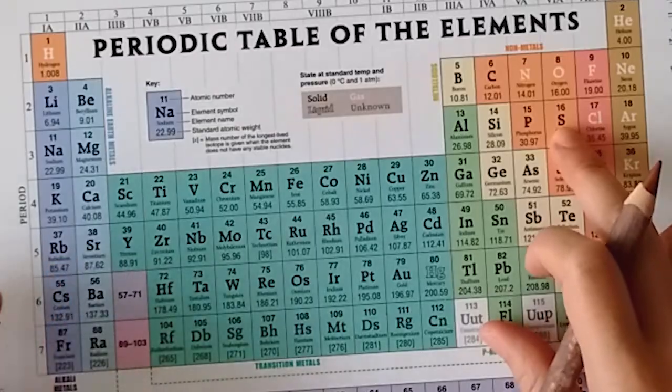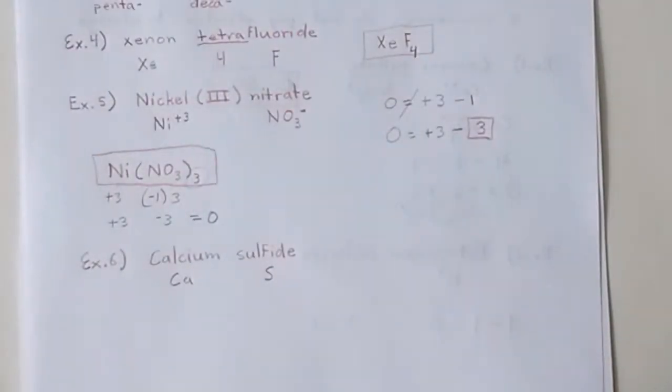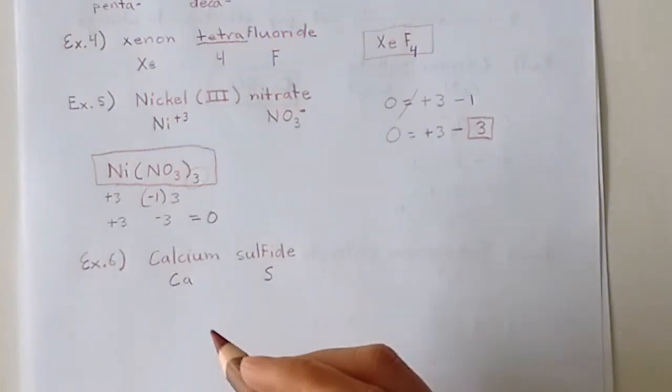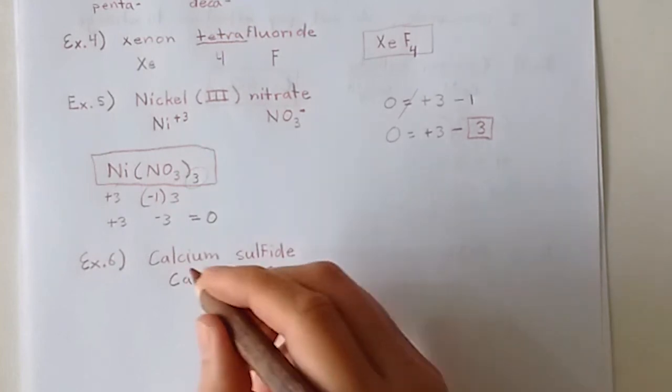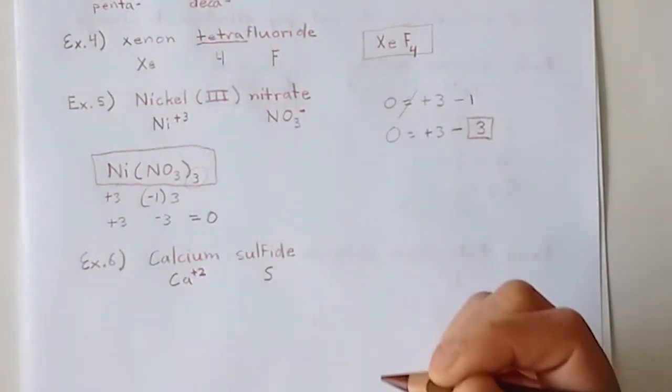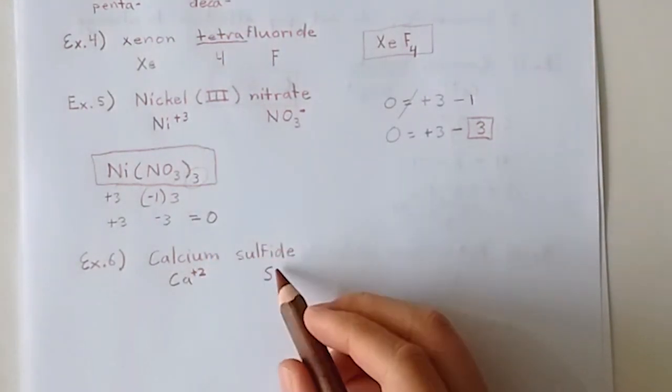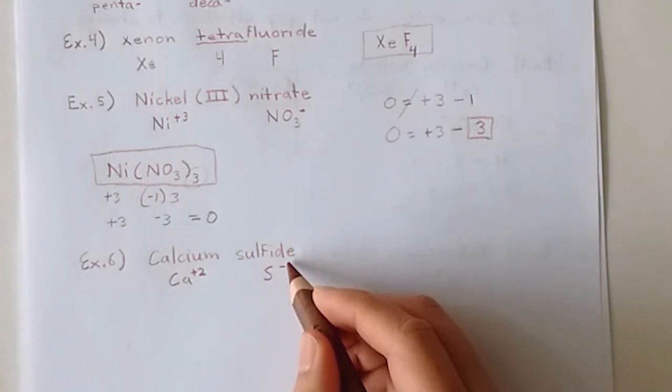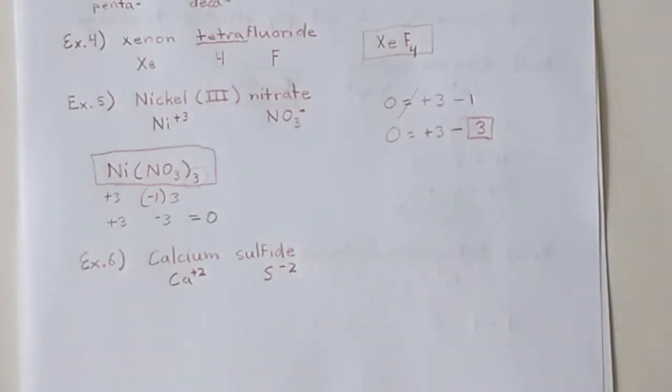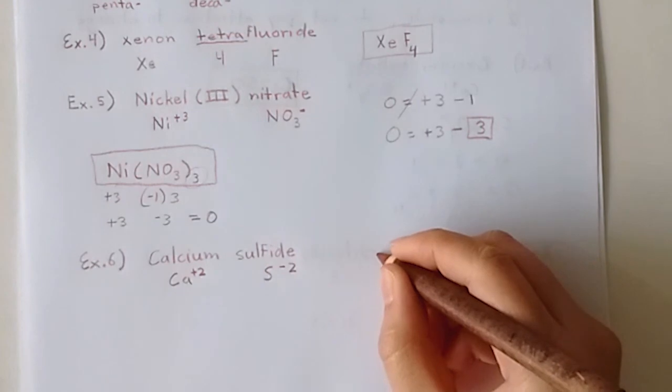So we have an ionic compound, which means we have to pay attention to the charges. So calcium, because it is in group 2, has a positive 2 charge, and sulfide here has a negative 2 charge. Now we want the entire compound to have a 0 charge.